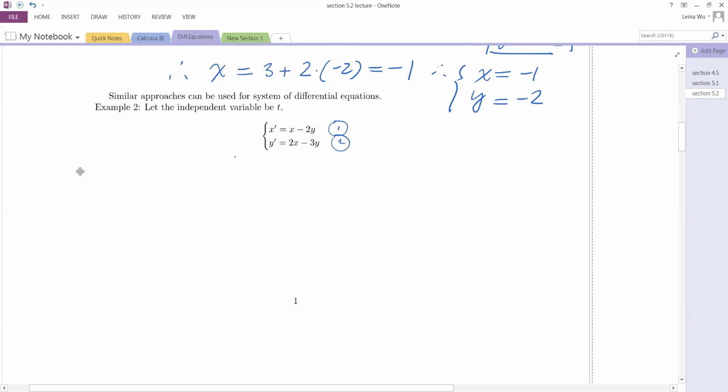Okay, have you guys finished this question? Can I ask which equation you started with? How many of you started with equation 1?